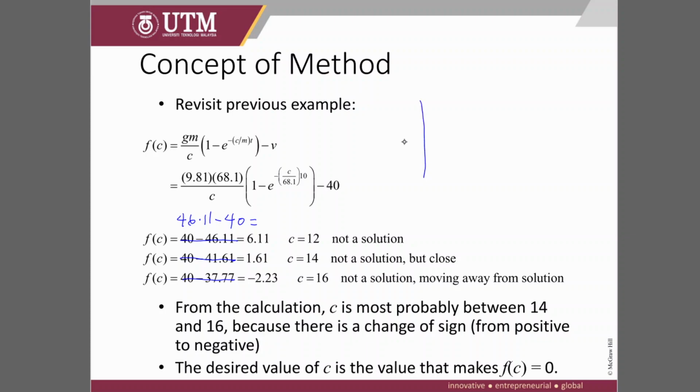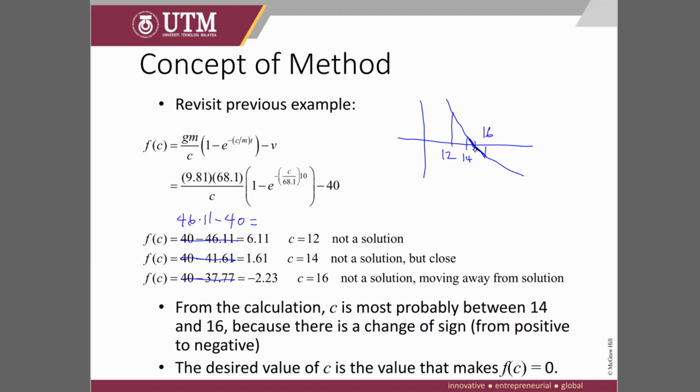So if you look at this, if you plot this, maybe this is FC at C equal to 12, C equal to 14, and C equal to 16. So we know that between 14 and 16, the function crosses the x-axis, right?